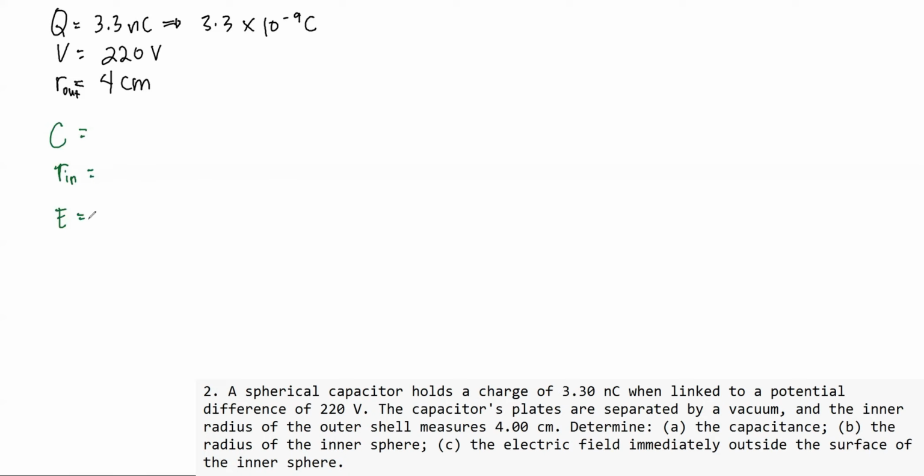So to get the capacitance, we have our Q, we have our V. Let's make use of our formula, which is C is equal to Q over V. Our Q is 3.3 times 10 raised to negative 9, all over 220 volts.